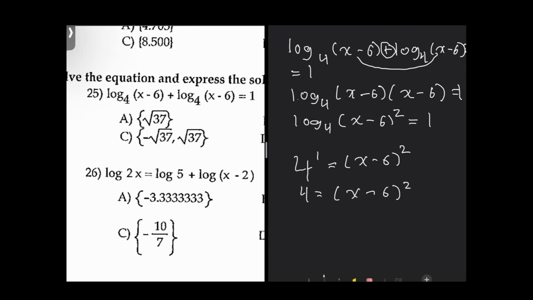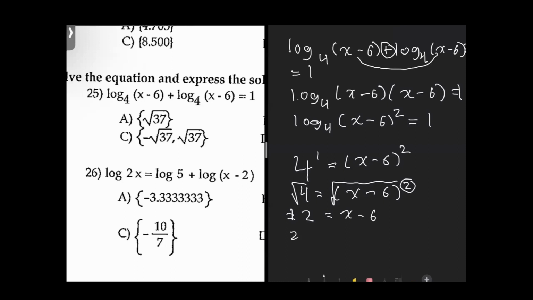Now, in order to get rid of the square, what can we do? We would square root both sides. And when we square root a number, it's plus or minus. So it'll be plus or minus 2 equals x minus 6.